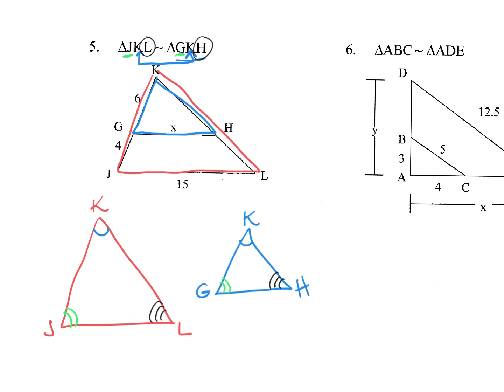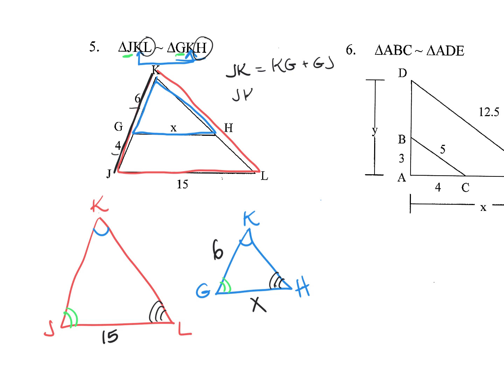GH is X, the value we're solving for, and KG is 6. JL is 15, but for KJ, what you have to notice is that the length of JK is equal to the length of KG plus the length of GJ.